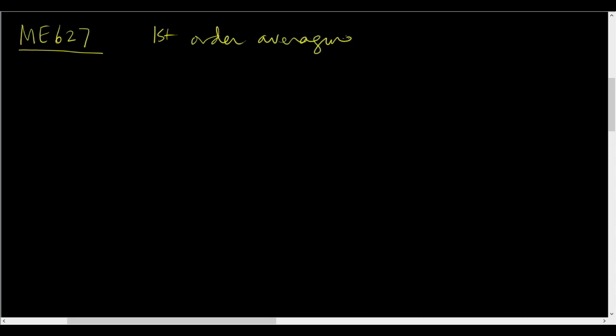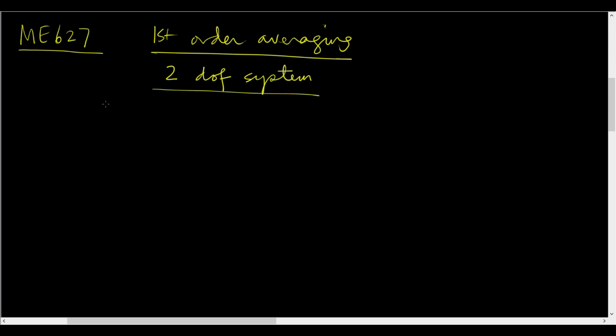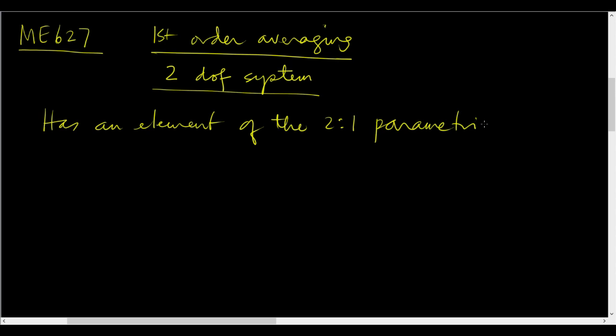Averaging. This is a 2 degree of freedom system. It has an element of the 2 to 1 parametric resonance that we have seen before.